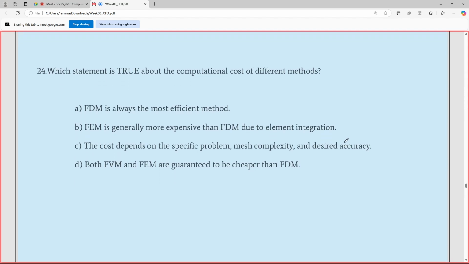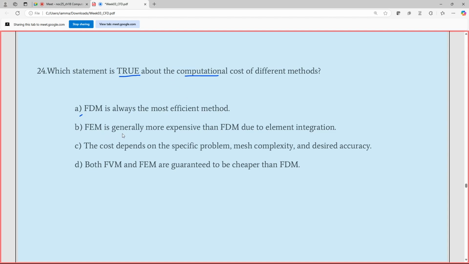Next question. Which statement is true about computational cost of different methods? So the options here compare the computational cost of different computational methods. Option A, FDM is always most efficient method.